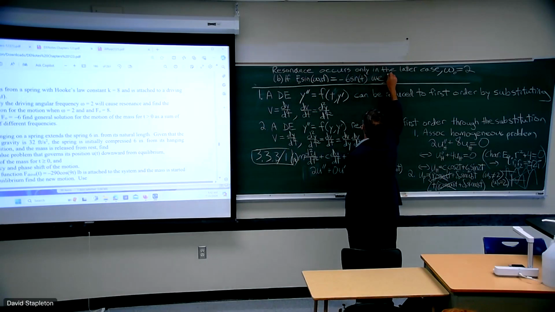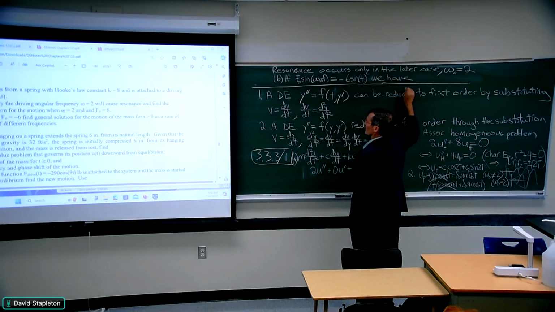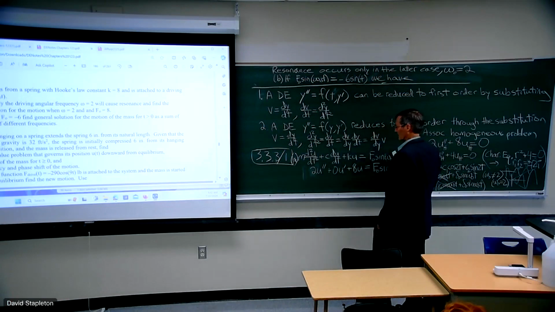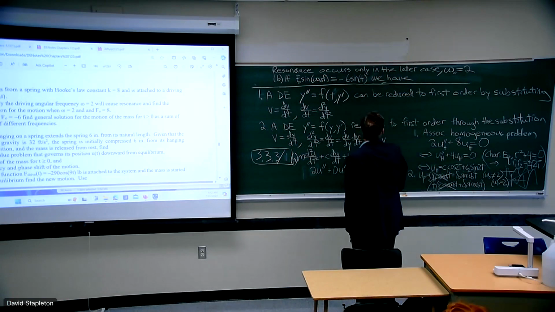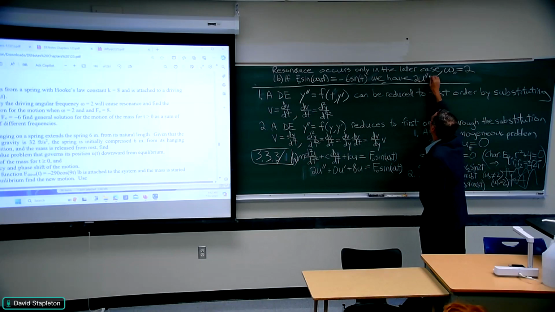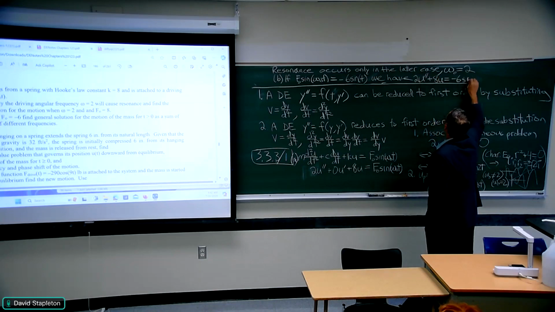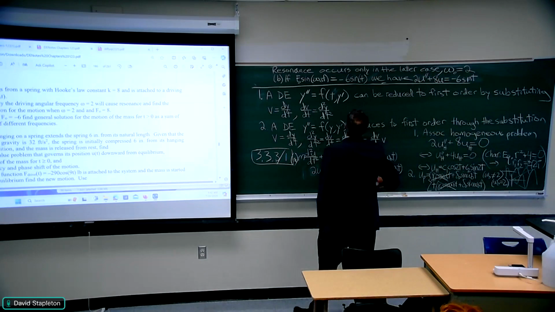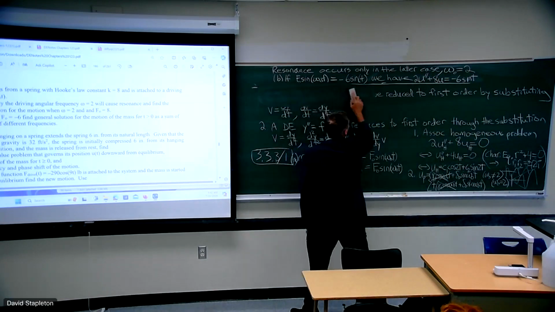Well, we have this differential equation. Oh, I'm erasing all my stuff I set up. Okay, we have 2u double prime plus 8u equals -6 sine t as the differential equation. I'll rewrite it just so we can finish our problem.